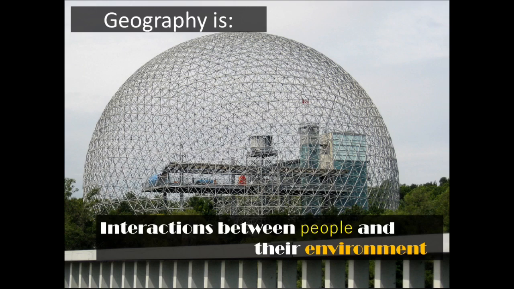And in the news right now, you hear a lot about how climate change is changing the Earth's surface and how the oceans are going to get bigger and the land is going to get hotter, and why those things are happening and what effect is it going to have on us in the long run. So that's part of the interaction between people and the environment.